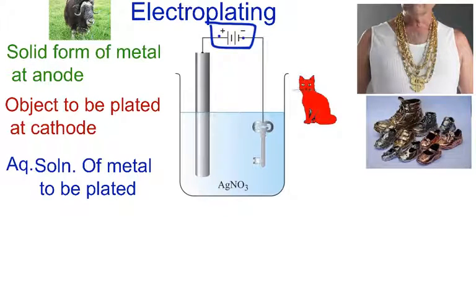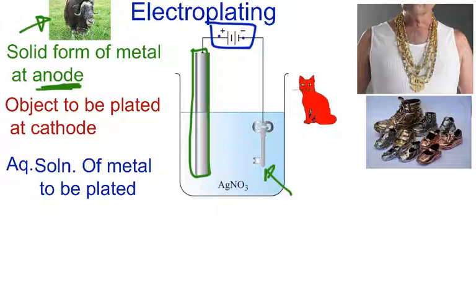So, for example, this key right here is our object we want to plate. We need a solid form of whatever metal we want to put on it. Now, in this case, it's silver. So that solid form will be at the anode, and oxidation will take place.